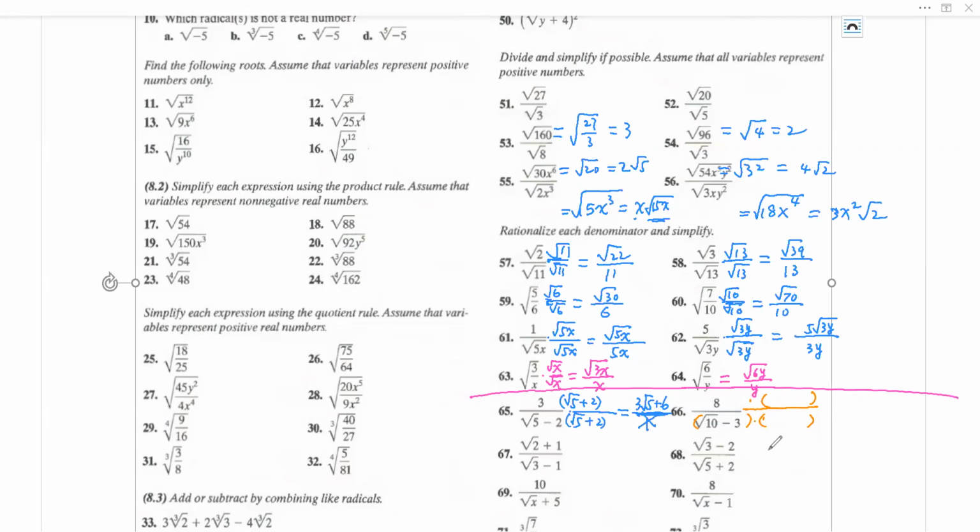Amy, what's the conjugate for here? Radical 10 minus 3. Say it again. Radical 10 minus 3, so the conjugate is plus 3. Yep, exactly, that's plus. So this one equals what? Square root 10 squared is 10, minus 9.